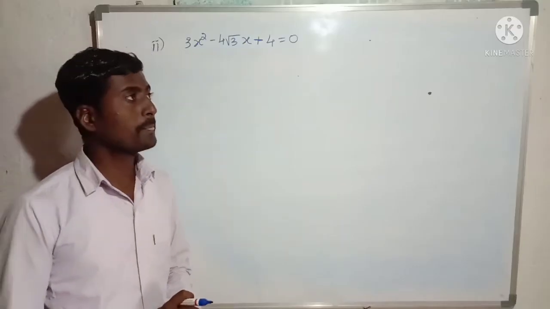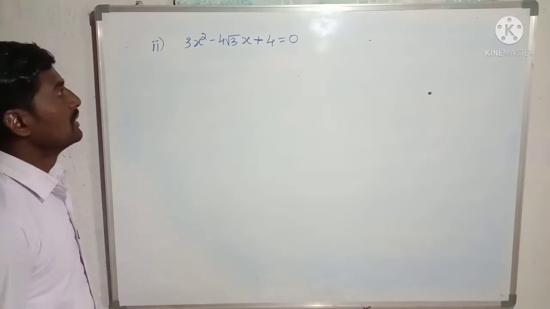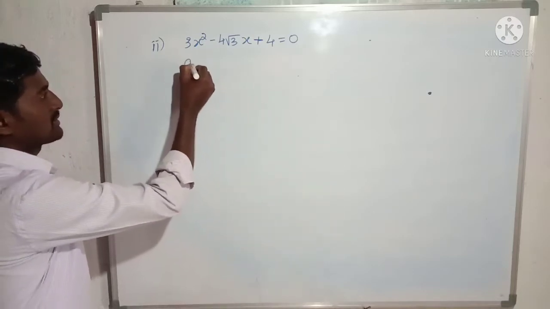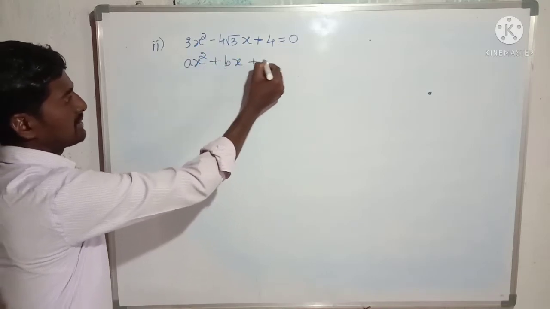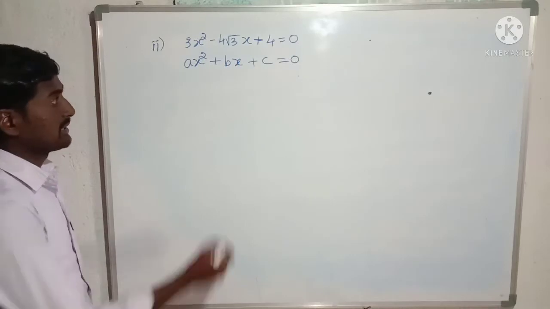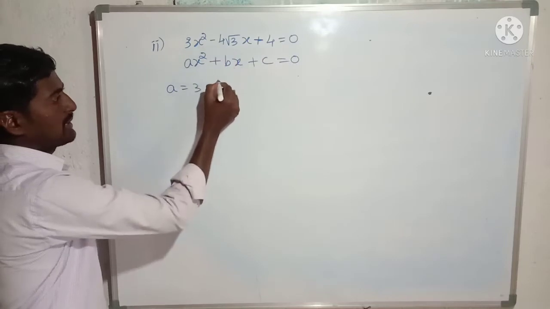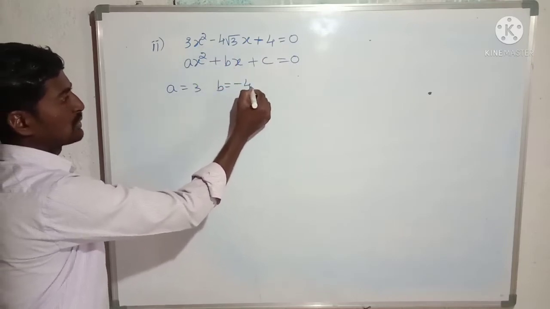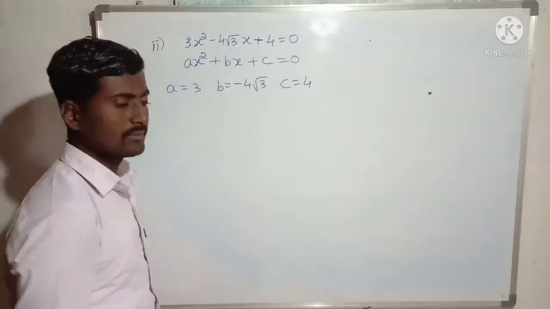Next, the second one: 3x square minus 4 root 3 x plus 4 equal to 0. Let us compare this equation with the standard form, ax square plus bx plus c is equal to 0. Now compare the coefficients. The a value is 3, the b value is minus 4 root 3, and the c value is plus 4.